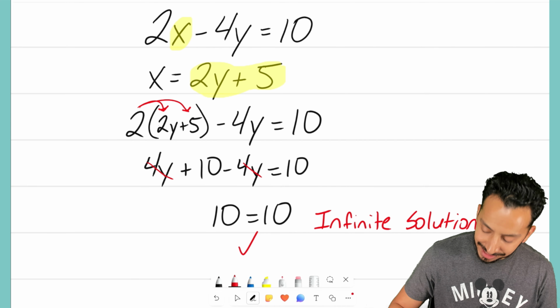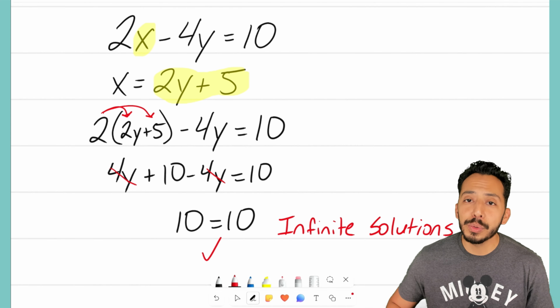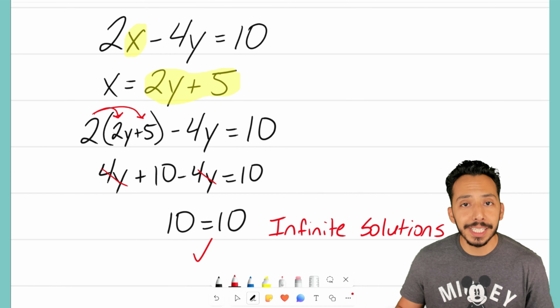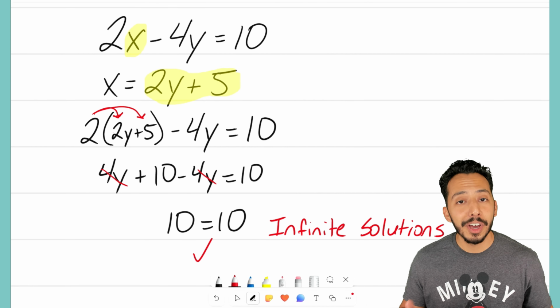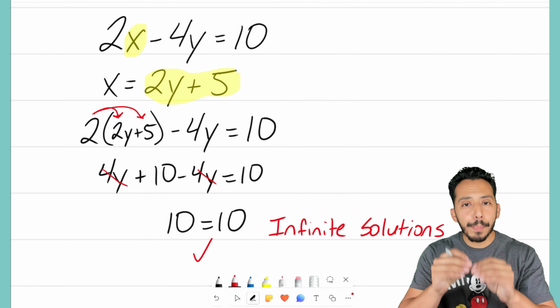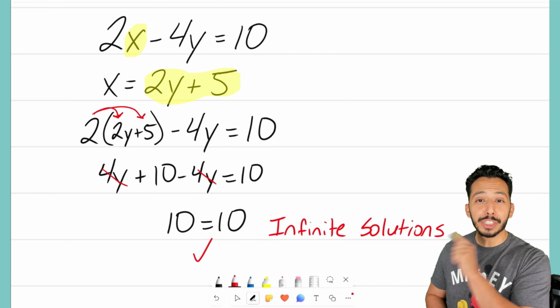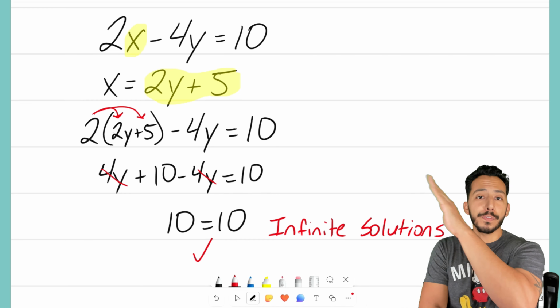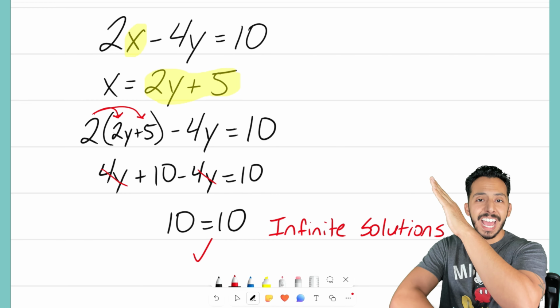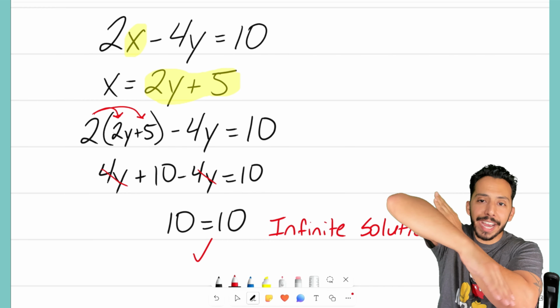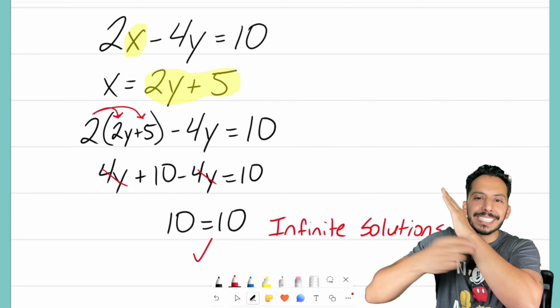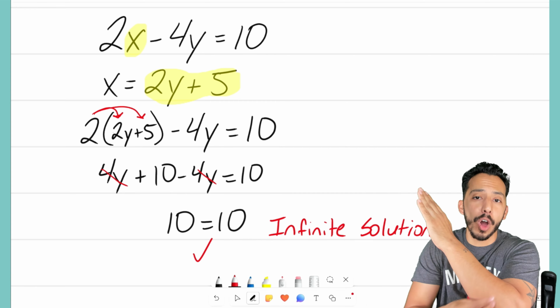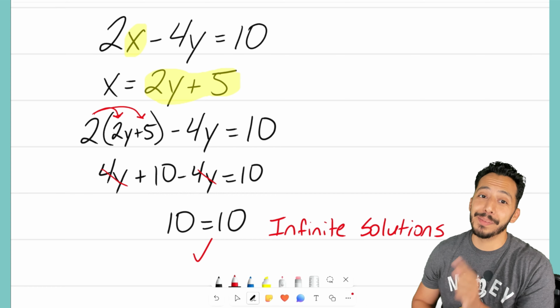And what this means is that these two lines are actually the same line. Those two equations here are representing the same line, because when I try to solve it, I'm left with a true statement. That means the first line is there, and the second line comes right on top of it, intersects it at every point on the line an infinite amount of times.